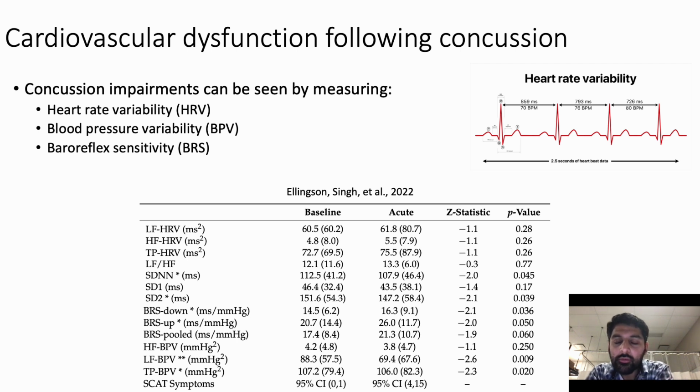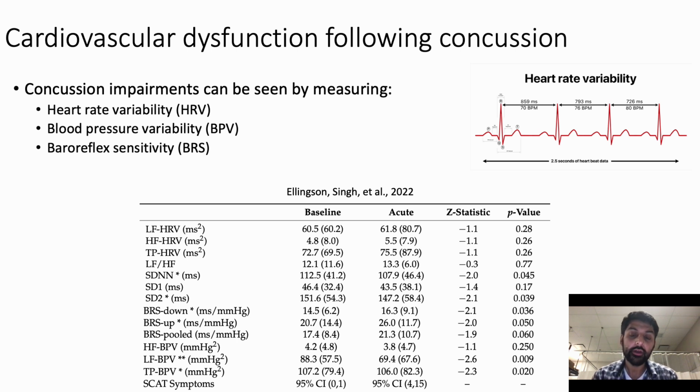Now, when we say somebody has, for example, a 60 beat per minute heart rate, it's important to consider that that doesn't mean that within that minute, every single beat is at 60. Really, what that means is if you average out every single beat within that minute, it'll give you a heart rate of 60.